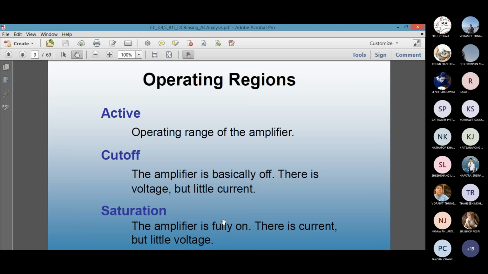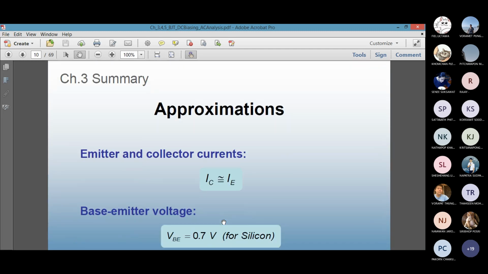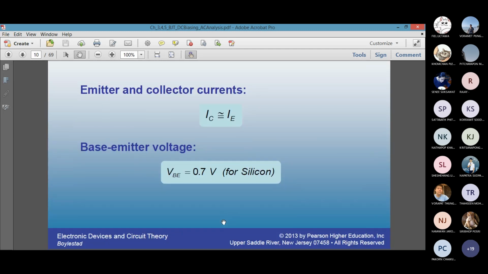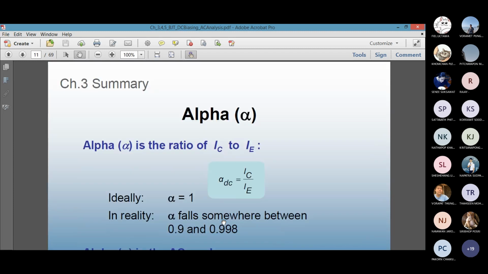You have a lot of current, the transistor is on, but little or no voltage. Here are the approximations we use for BJT. IC is approximately IE. In some of the problems, you can use it to simplify. The voltage drop from base to emitter, we always take as 0.7 because we are assuming silicon BJTs.